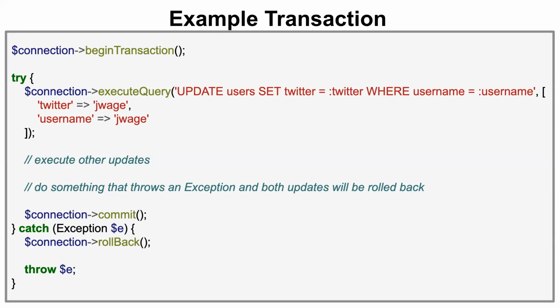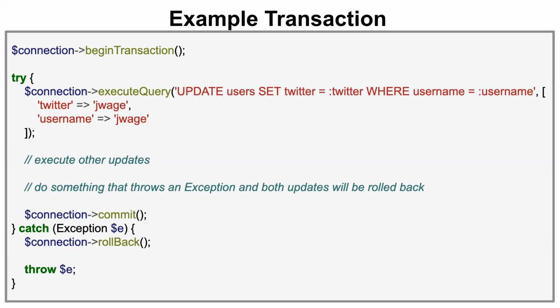This is an example of just the raw use of a transaction where, say you update a record in the user table and you need all these things to happen at once. And if any of those things fail, you need to revert them all.